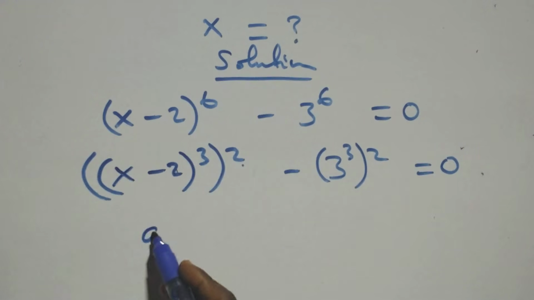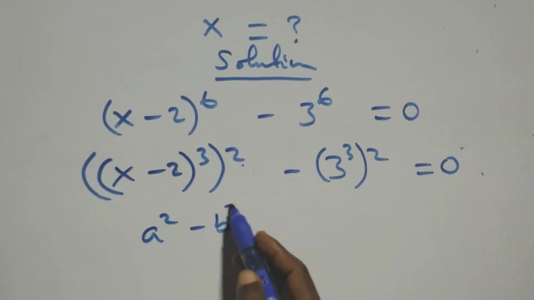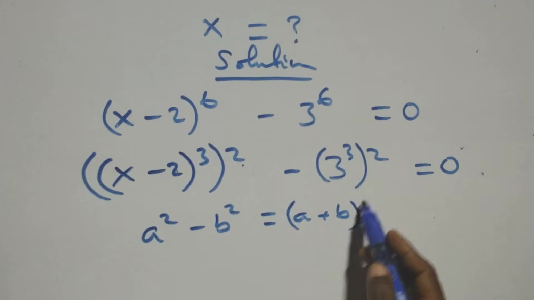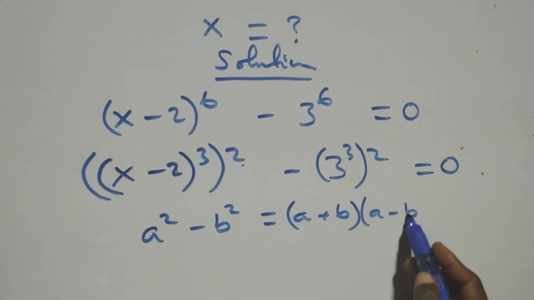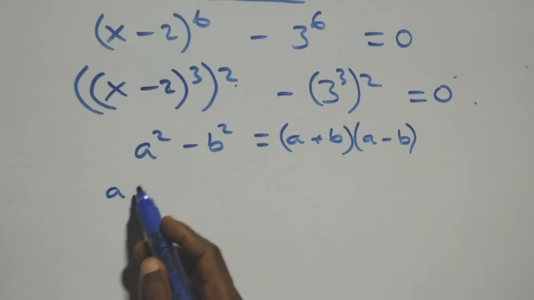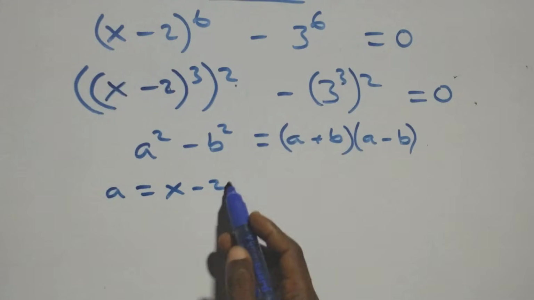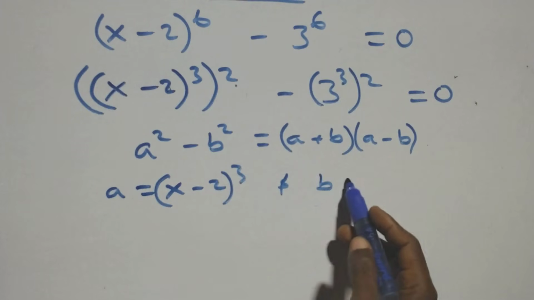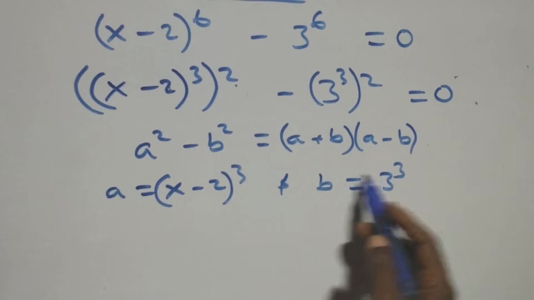Then this follows when we have a square minus b square, which can be written as (a plus b) into (a minus b). Here, a standing as (x minus 2) all raised to power 3, and b standing as 3 raised to power 3.